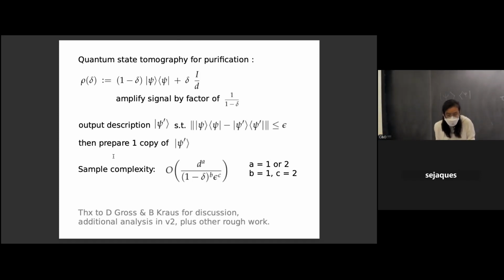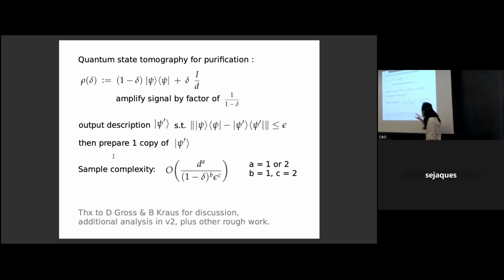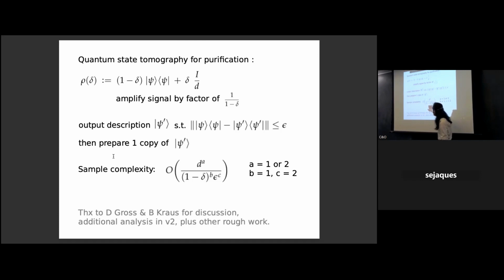Tomography is actually a fairly short quantum circuit. You just make measurements on the state, and then you classically join these measurement outcomes together to compute what the state is. So our method has a different dependence.